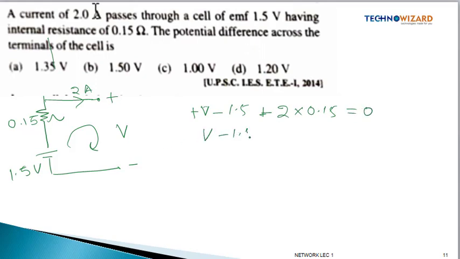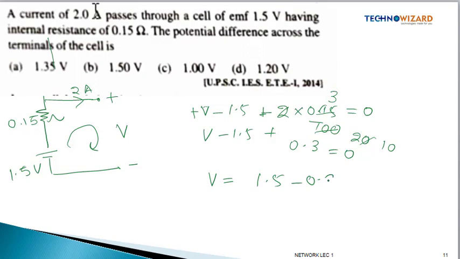So V minus 1.5 plus this into 100, so this will be 3 by 20, that is 0.3, is equal to 0. So voltage will be equal to 1.5 minus 0.3, that will be equal to 1.2 volt, right? So option D is correct. So let's have a look at the next question.